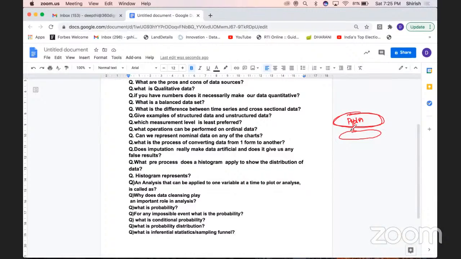Whatever inferences you get, you try to get some insights out of it, and whatever results you get, you generalize to the population. The subset of the population is the sample. So what do you call the results you get on a sample? Inference is what you get on sample data.